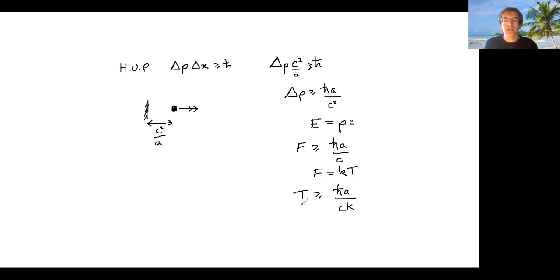And this is now very similar to Unruh's formula that he derived in a different way, which was T equals h bar a over 2 pi c k. So these things are fairly similar. And I think this explanation is quite simple and perhaps easier to intuitively understand.